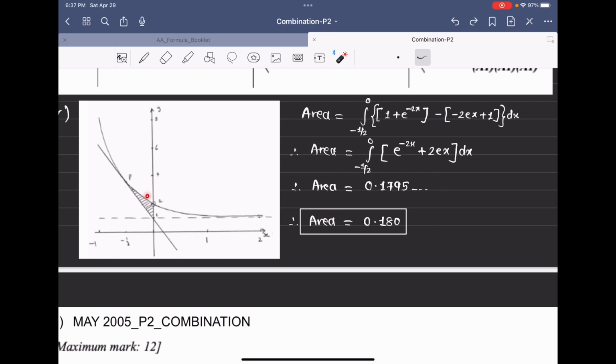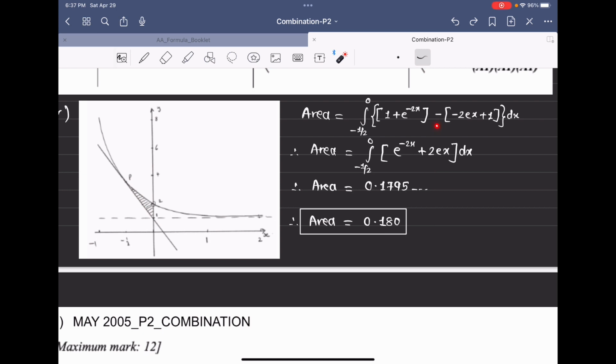So above is a curve, so I'm taking lower limit -1/2, upper limit is 0, of 1 plus e raised to -2x. I'm writing in a bracket minus with the same lower limit and upper limit. Why minus? Because I'm subtracting the area below the tangent.